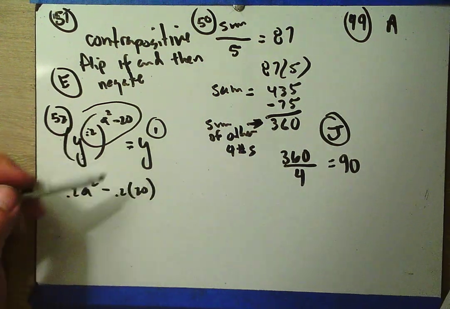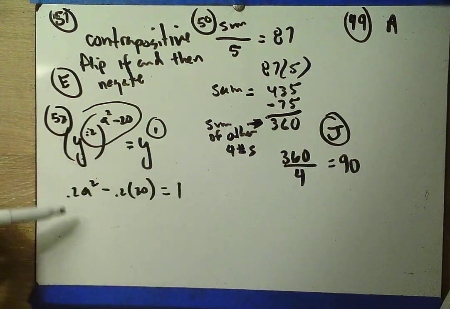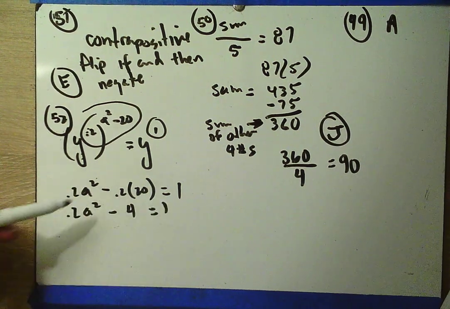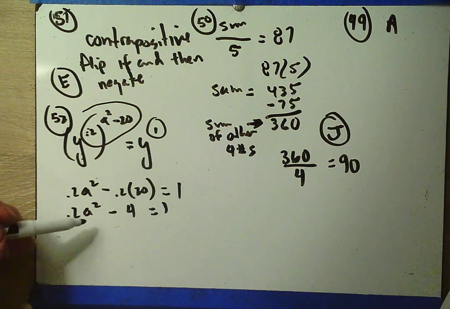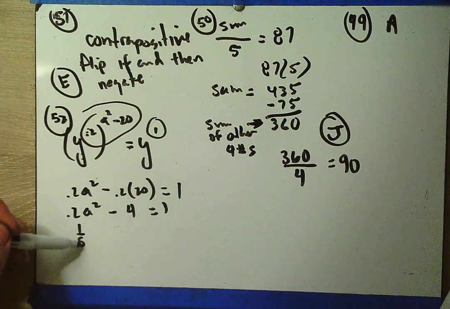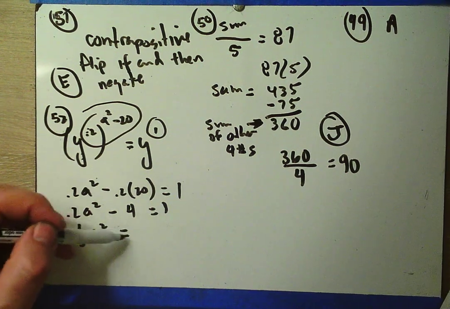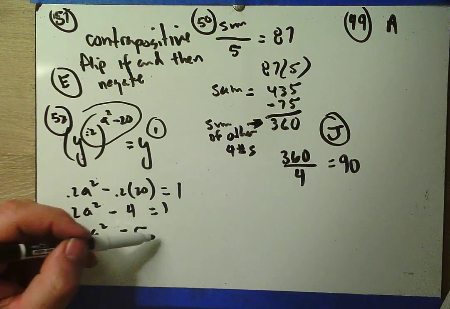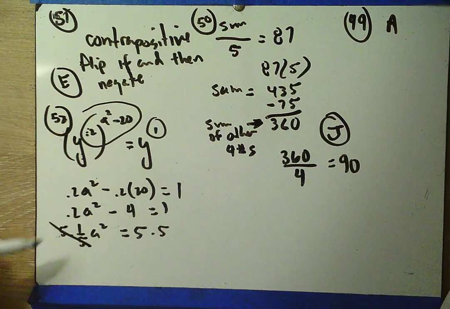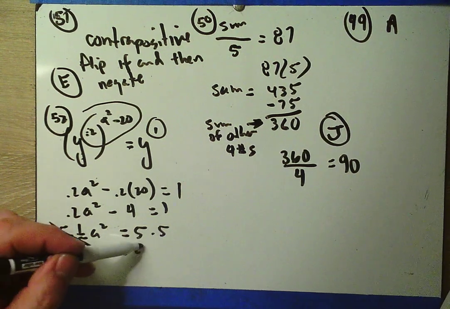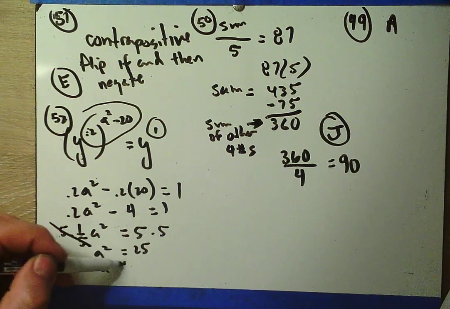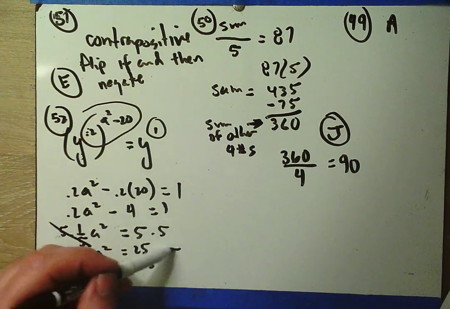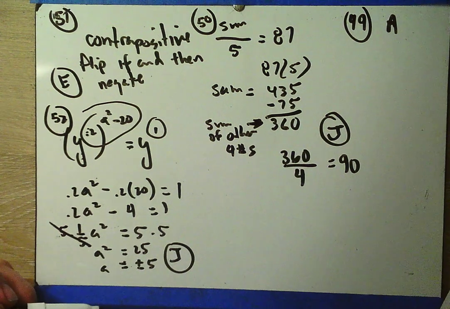Well, 0.2 times 20 is 4. So 0.2 a squared minus 4 equals 1. 0.2 is 1/5, so a squared equals 5, because I add 4 to both sides. Multiply both sides by 5 to clear out that fraction. A squared is 25, and so a equals plus or minus 5. And that's choice J. J for 52.